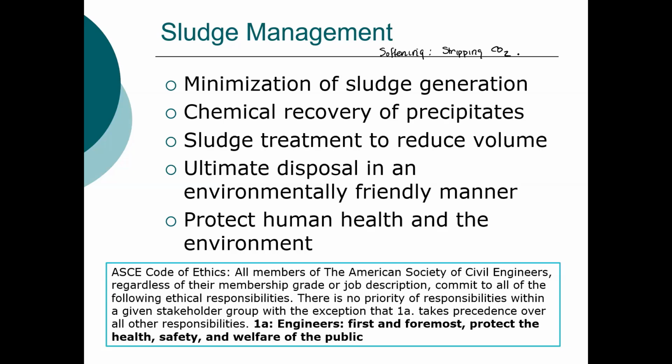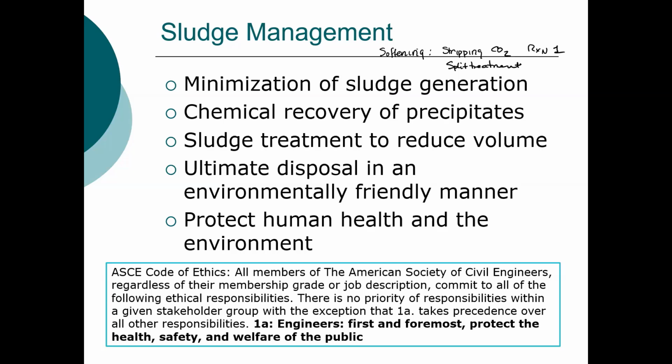Because if you go back, think about reaction 1. Reaction 1 removes no hardness, but it costs us chemicals and it costs us sludge production. We also talked about using split treatment. Again, thinking about what can we do to minimize sludge production.